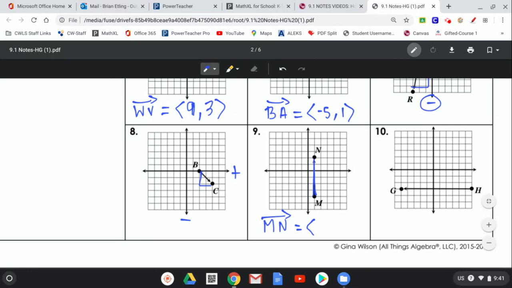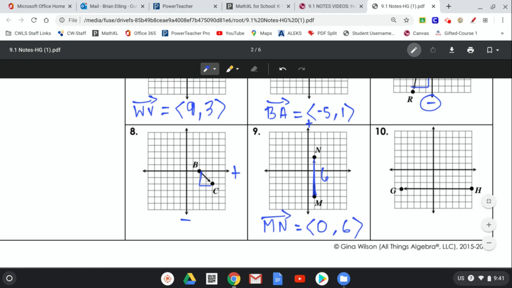That means our first value, our x value, that horizontal component, is just 0. We're just moving directly up, going up 6, and that's in a positive direction. So it's just going to be 0, 6.